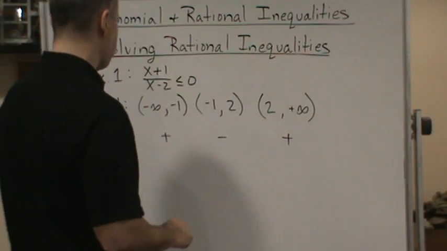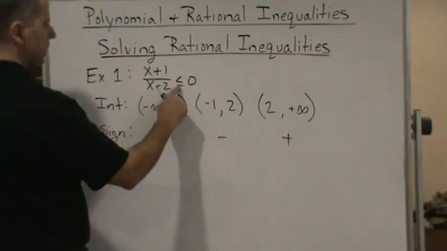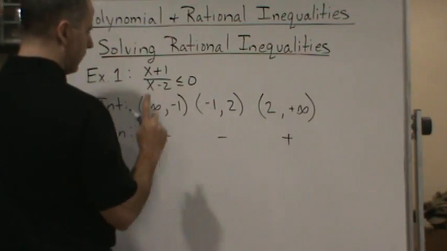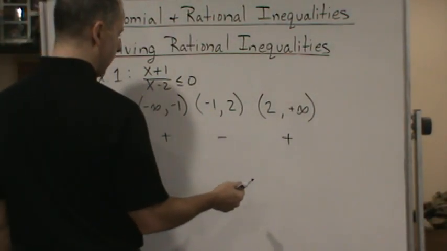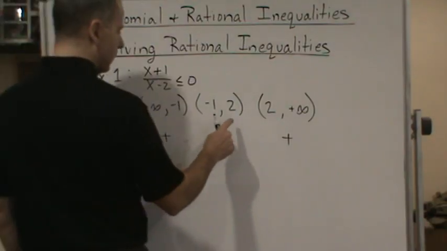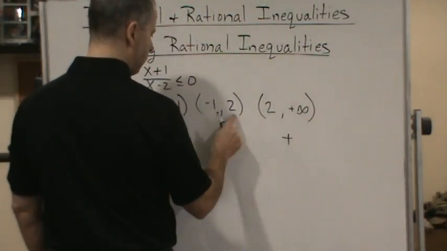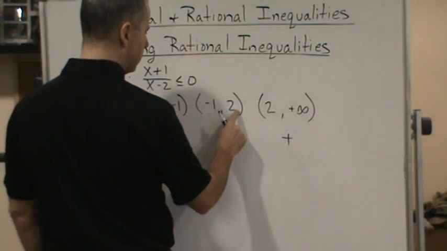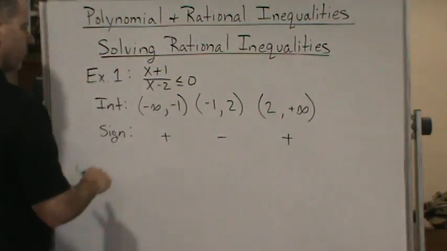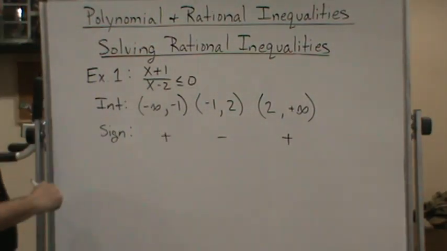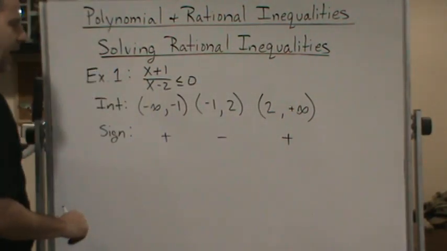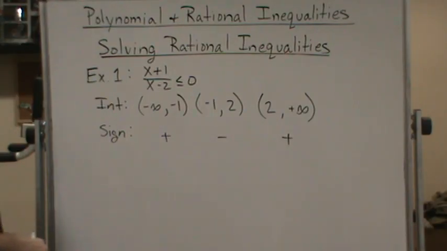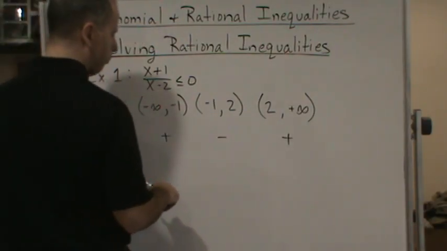So for our solution set, we want everything that's less than or equal to 0. So the equal sign means we're going to include the endpoints. Except, well, 2. We're not going to include 2 because 2 is where it's undefined. So we cannot include 2. In fact, if you remember, there's a vertical asymptote at x equals 2.